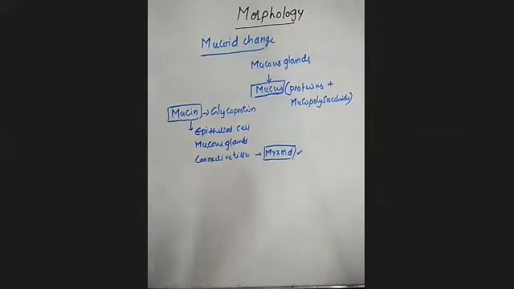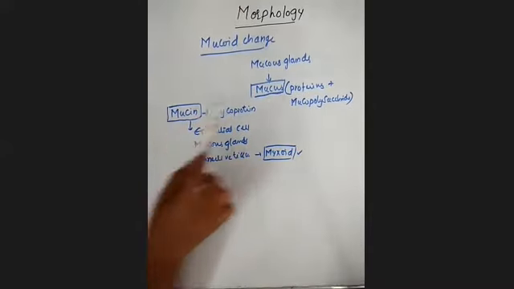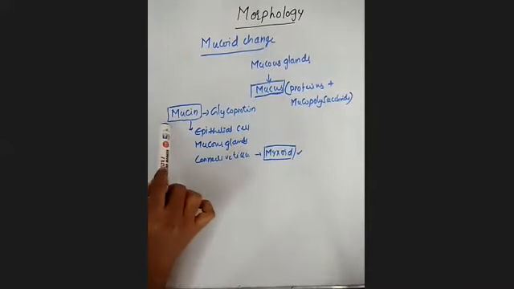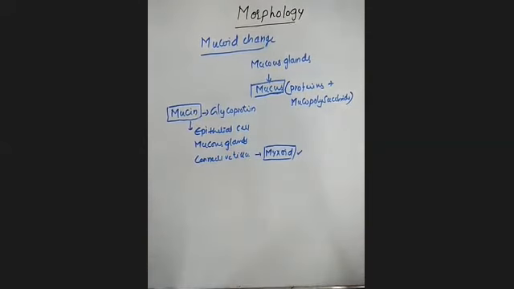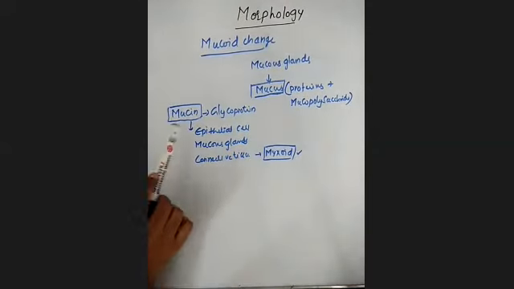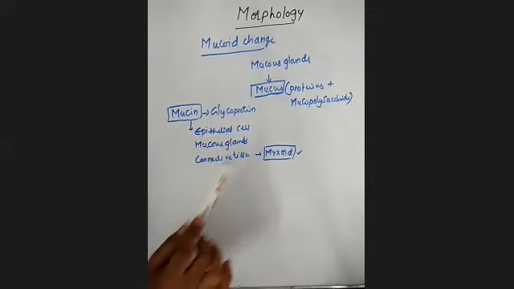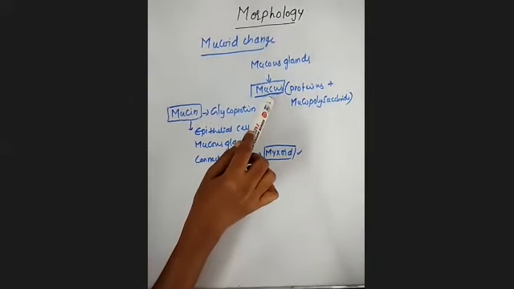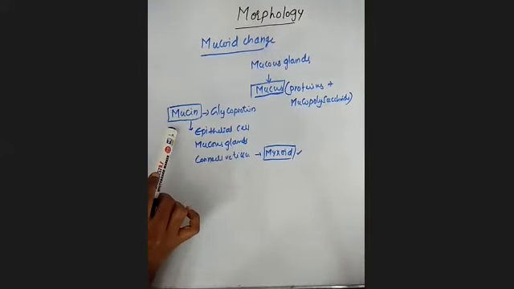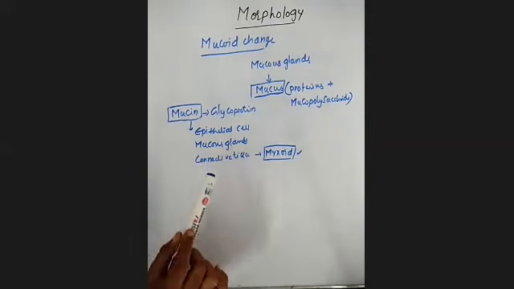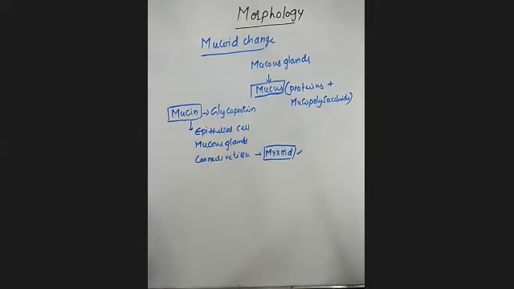Remember these two terms, mucus and mucin. There is a difference between them. Mucus is a combination of proteins and mucopolysaccharides, but mucin is only a glycoprotein. And production is also different. Mucus is produced only from the mucus glands, but mucin is produced from epithelial cells, mucus glands, as well as connective tissue.